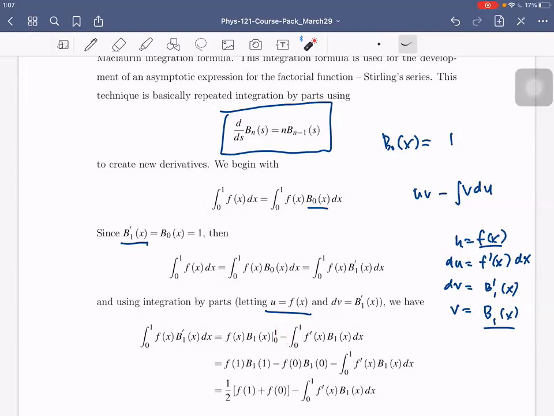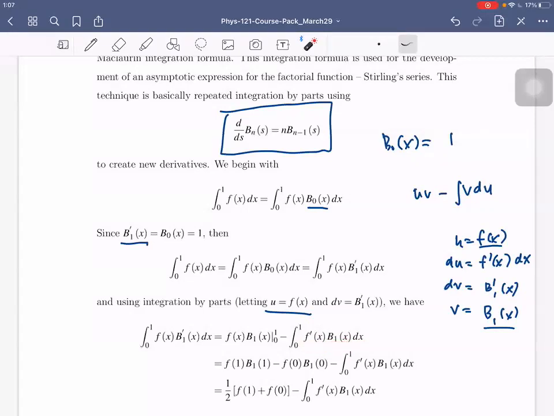And then minus the integral of v du. So our v is b1, so we have here b sub 1 of x, and du is f prime of x dx. So this is it, f prime of x dx.